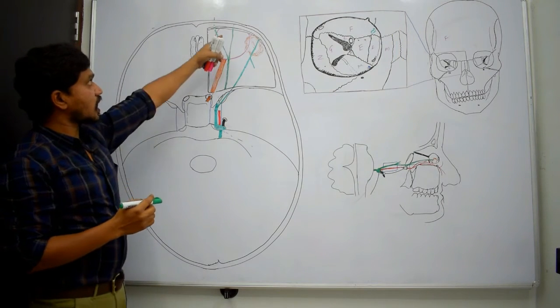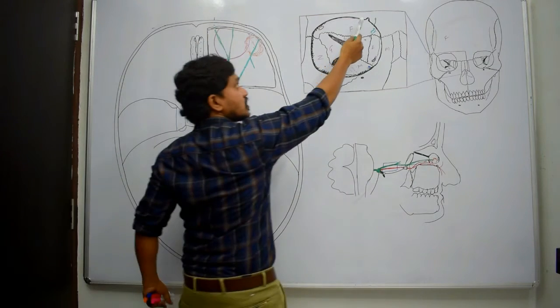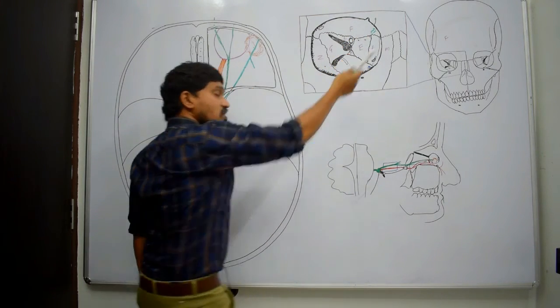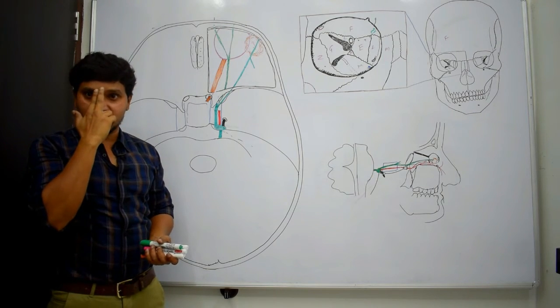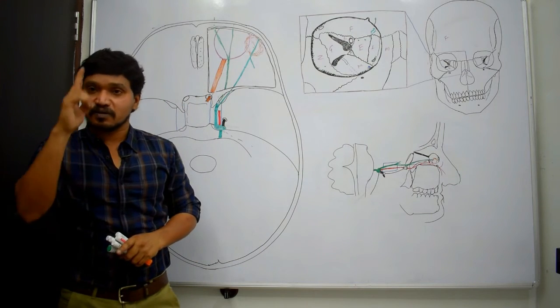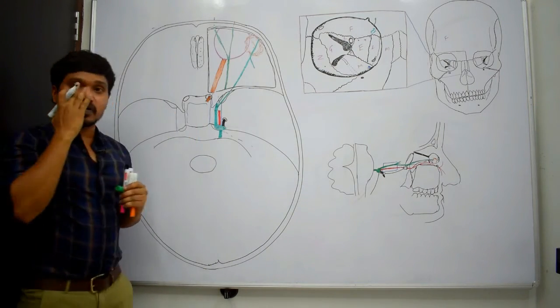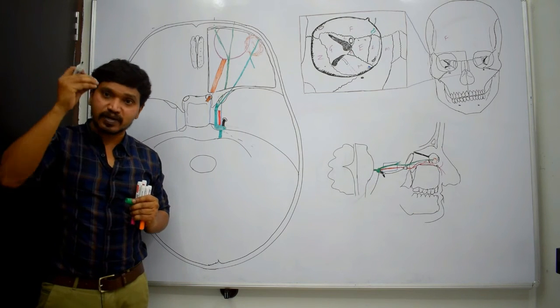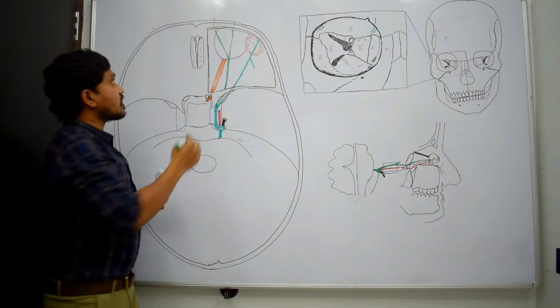Then the supraorbital nerve. Supraorbital nerve emerges out through the supraorbital foramen or supraorbital notch, two finger breadths from the median plane. This is one finger breadth and this is two finger breadths lateral to the median plane. It will supply the central part of the upper eyelid, and it will supply the frontal air sinuses.